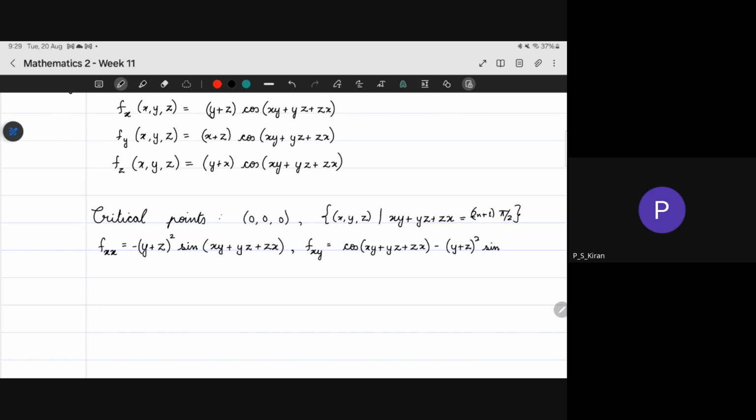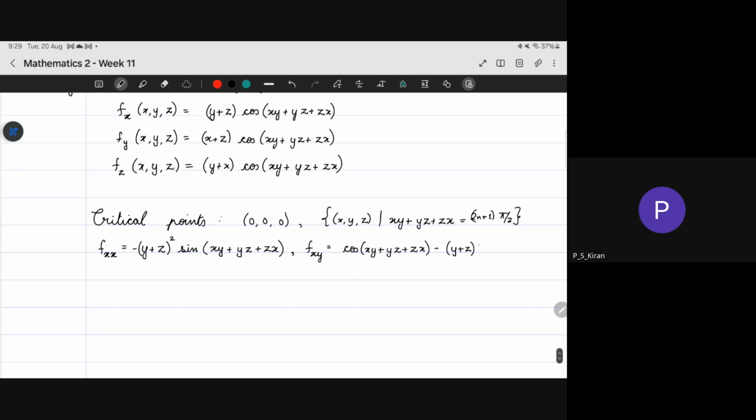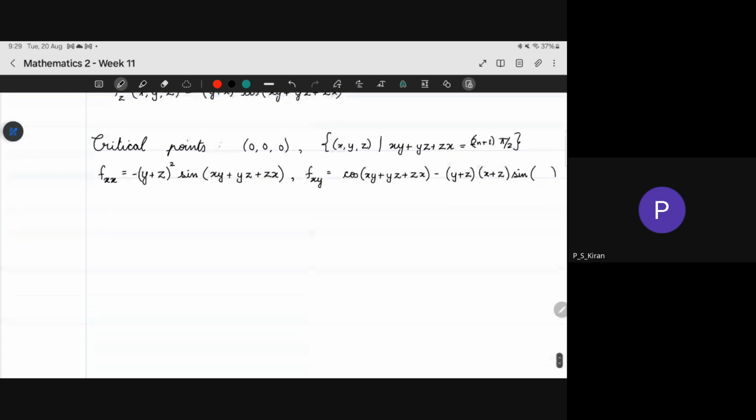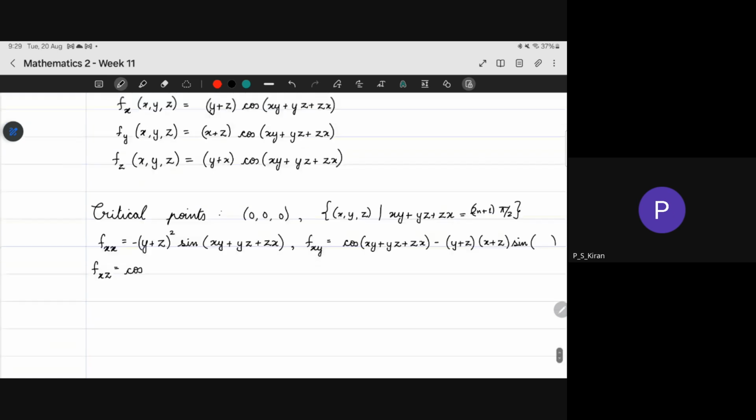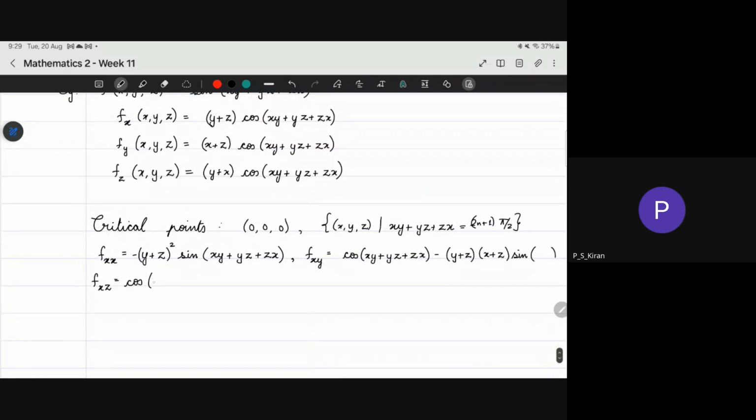Will it be y plus z the whole square? No. Y plus z into x plus z. Sine of that term. x z will be, there's a pattern, x z, right?